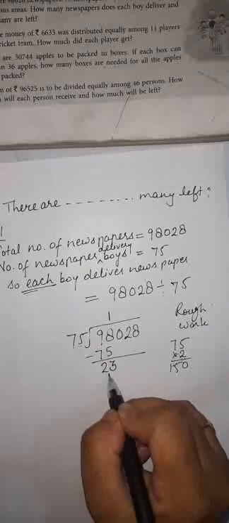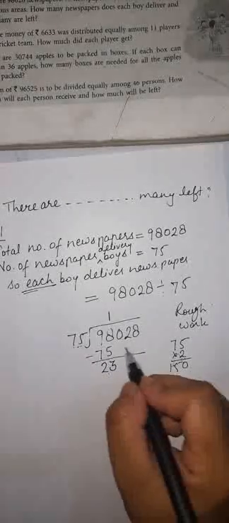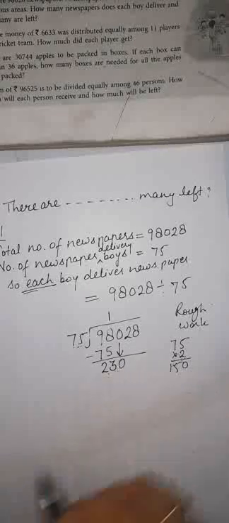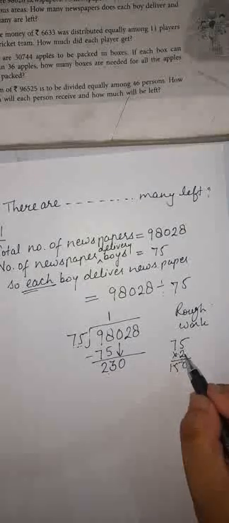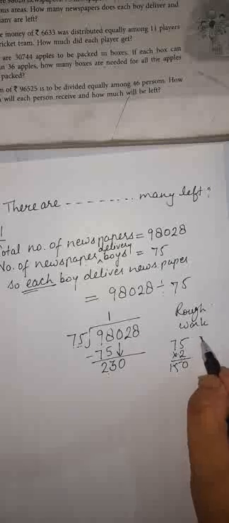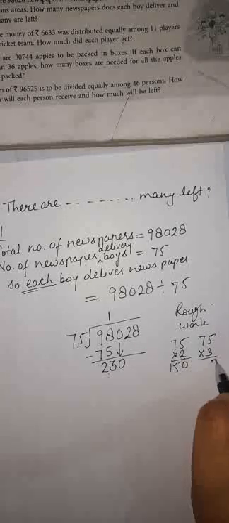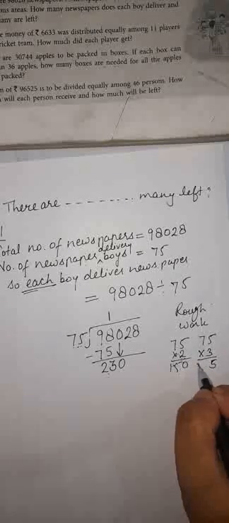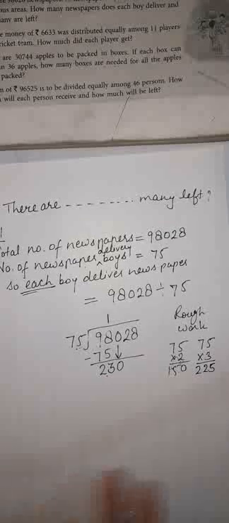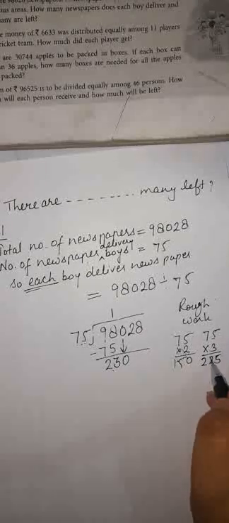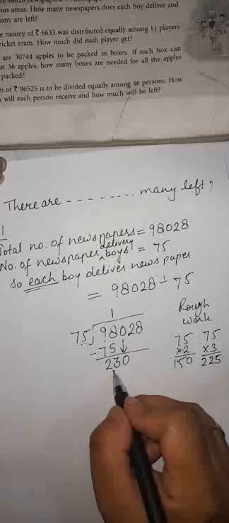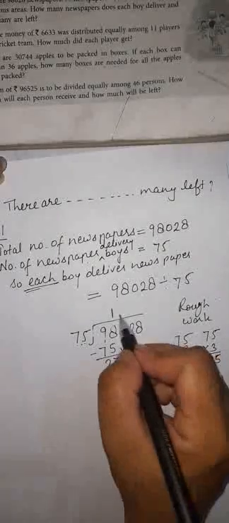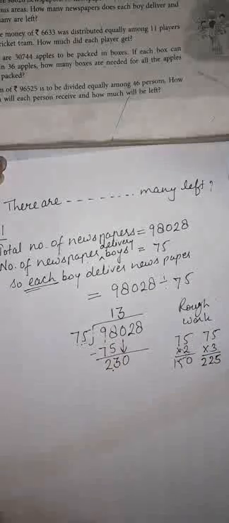It is 23, smaller than the divisor, so bring down 0. Now we know 75 2s are 150. Again multiply. 75 3s are: 3 5s are 15, and 1 carry. 3 7s are 21 and 1 is 22. Fine, so it is 225, near to this number. So we will write here 75 3s are 225.